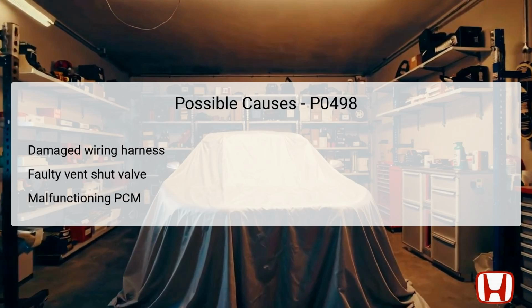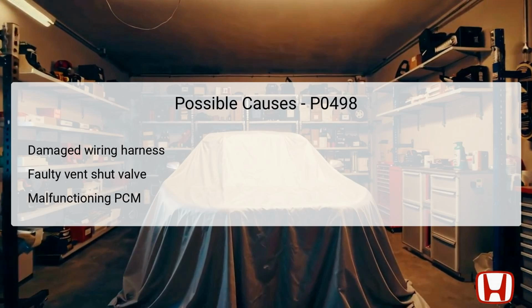Another potential cause is a malfunctioning PCM, which may fail to send the correct voltage signals to the vent valve. Such issues can arise from environmental factors, age-related wear, or manufacturing defects. Properly identifying and remedying these causes is essential to restore the integrity of the EVAP system and ensure compliance with emission standards.